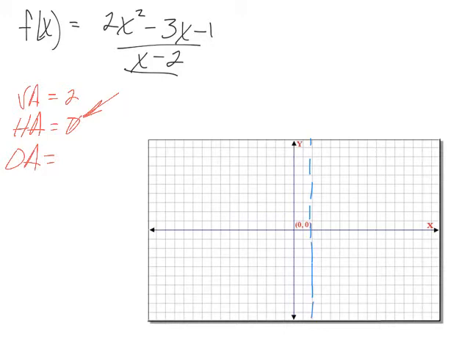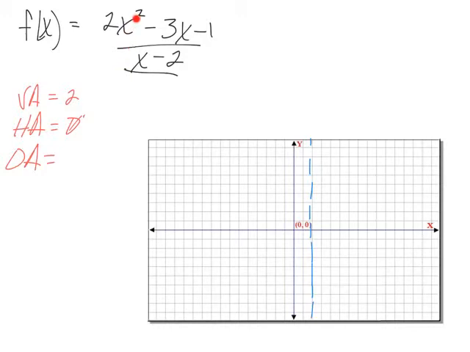So this is how you even tell that it could possibly be an oblique asymptote. Step 1. There is no horizontal asymptote. That means there could be one of these. It doesn't have to be, but it could be an oblique. The next thing, step 2.